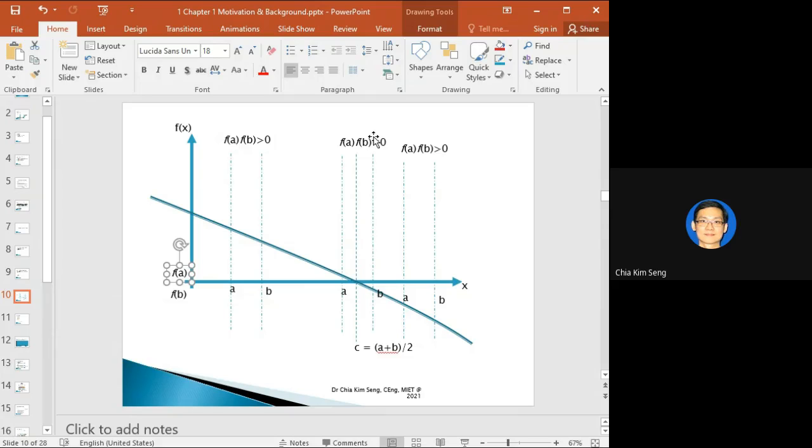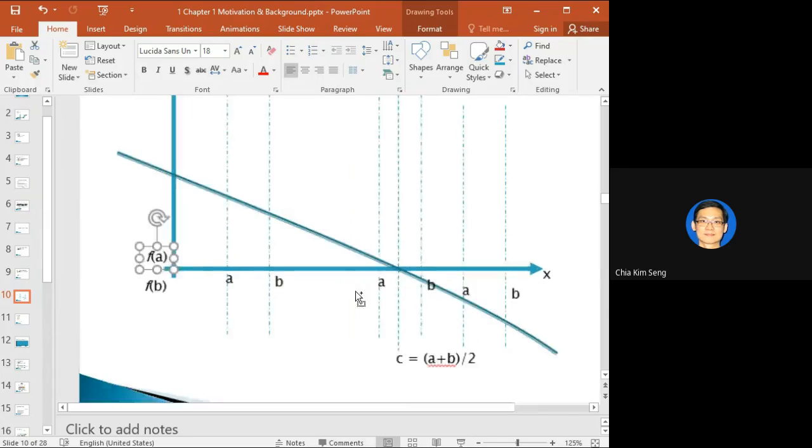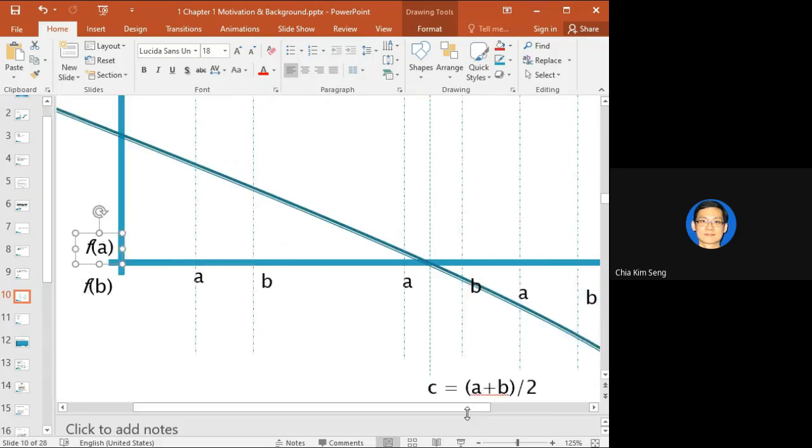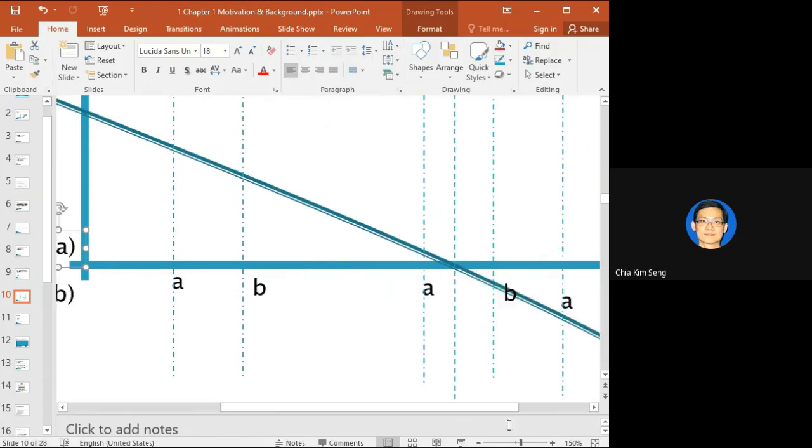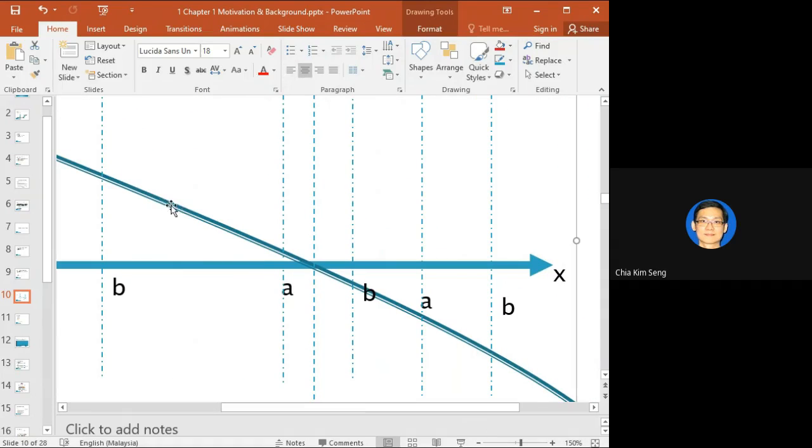So for sure, there's a root between a and b. When you see this graph, you can see that the function cuts the x-axis, so there's a root here. That means this is what we want to find. When we substitute this x value, you will get f(x) equal to 0.